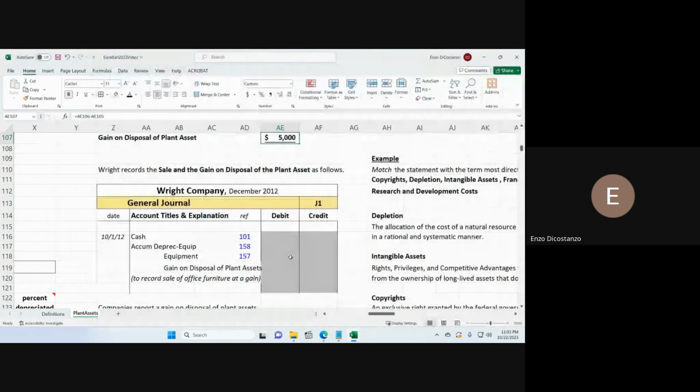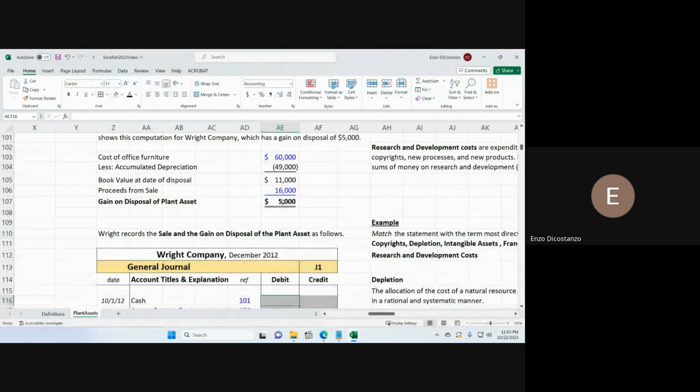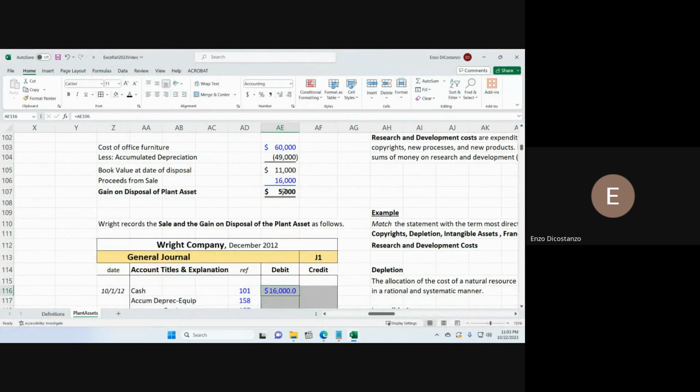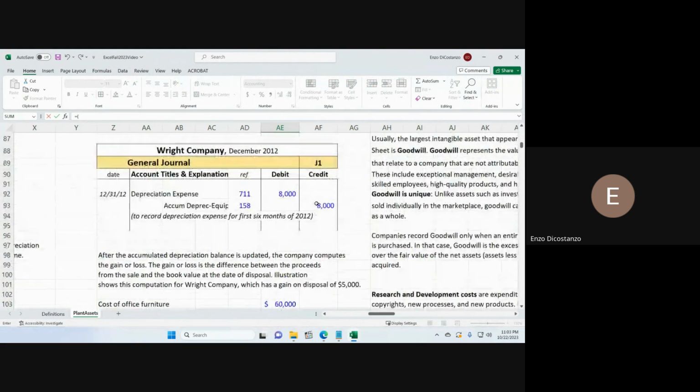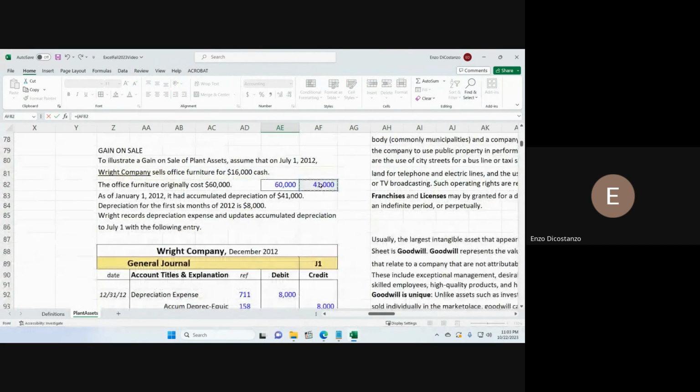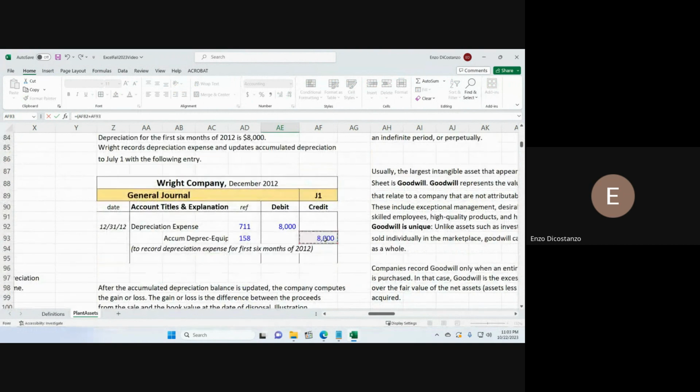So you received, I mean, you could equate this. You could say equals 16,000. You could do it like that, right? Accumulated equals the negative of the 40. Or you could just recompute them. What do we have? 41 plus 8. That's accumulated.